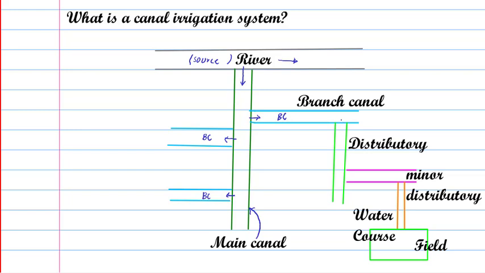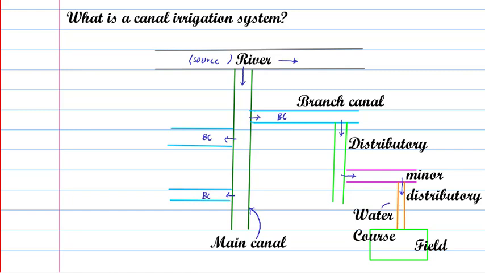From branch canal we will further take the water to another canal system, which will obviously have a smaller cross section compared to the branch canal, and this is called distributary. The other branch which comes out from the distributary is known as minor distributary, and from minor distributary we will take water through the water course.